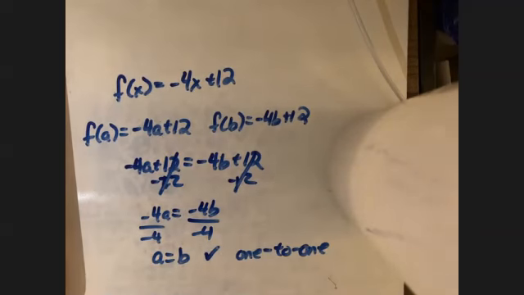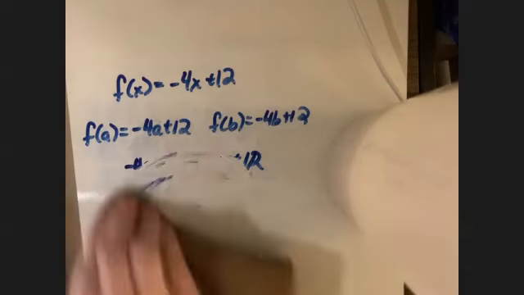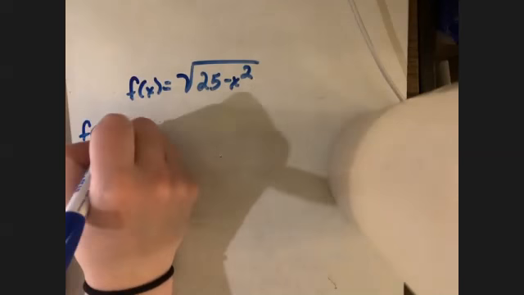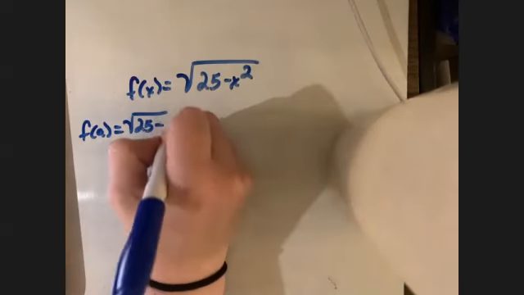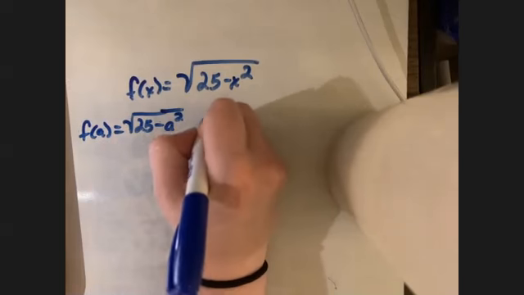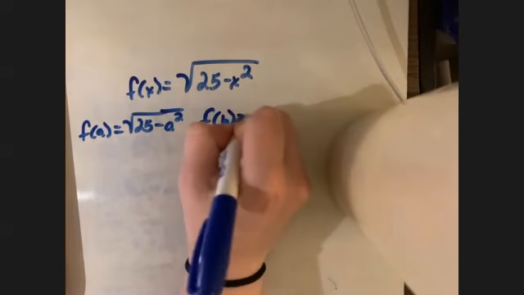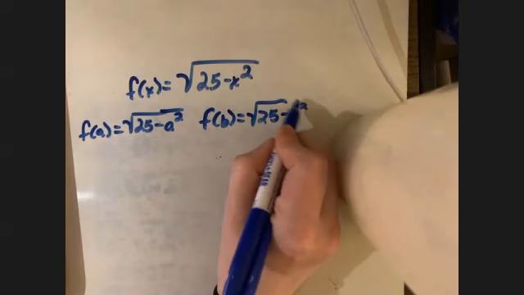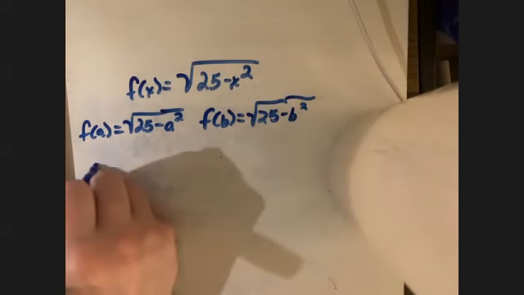Now you may be asking, then how do I know when something is or isn't? So let's take a look at another function. So f of A, f of B, I'm going to set them equal to each other.